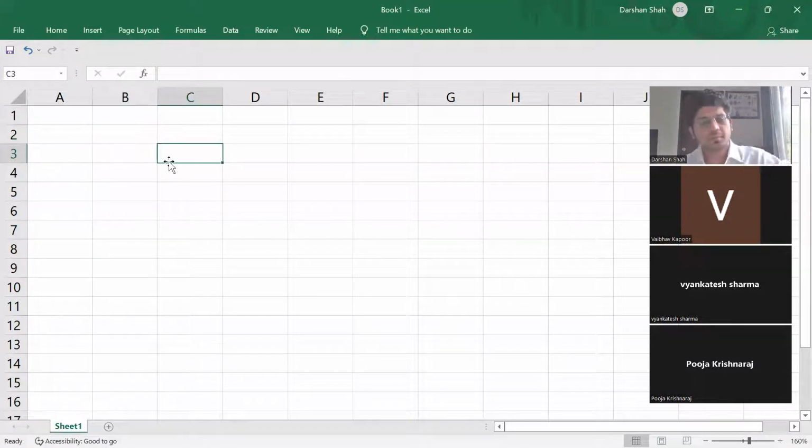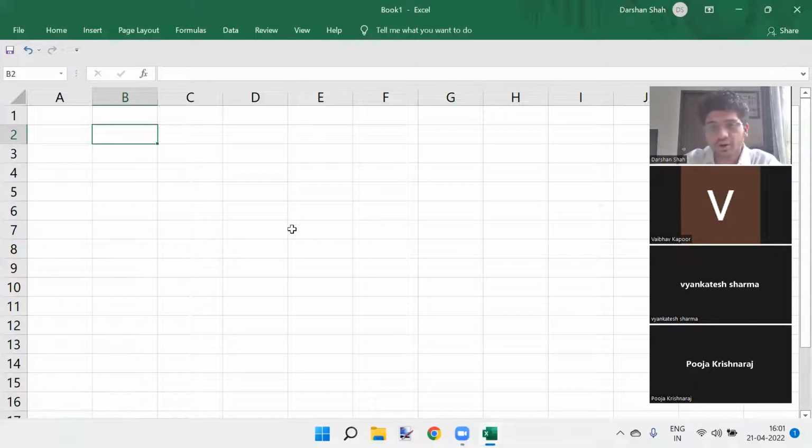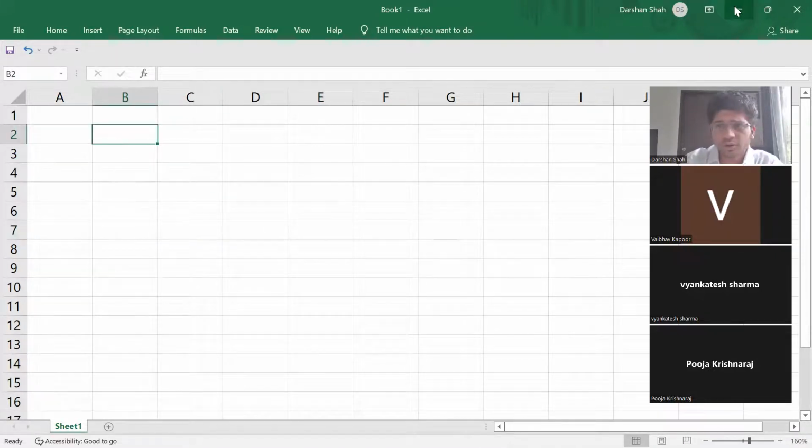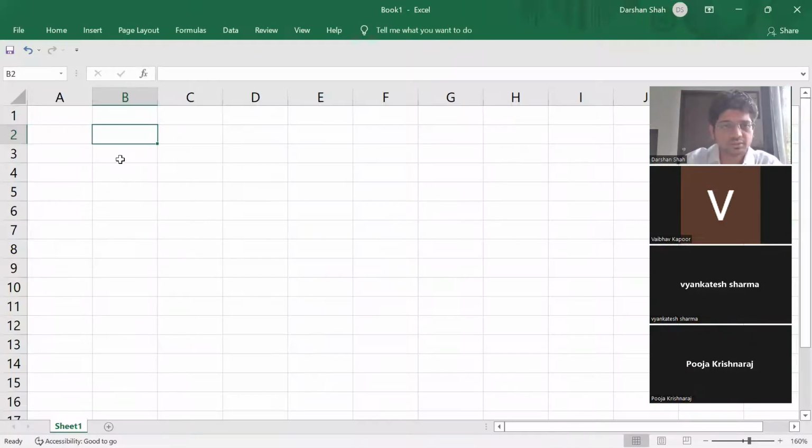What do you guys want? GST, okay. We'll complete the GST questions first, and then, if time permits, we'll go to the warehousing concept. All right. So let me first drag this question.